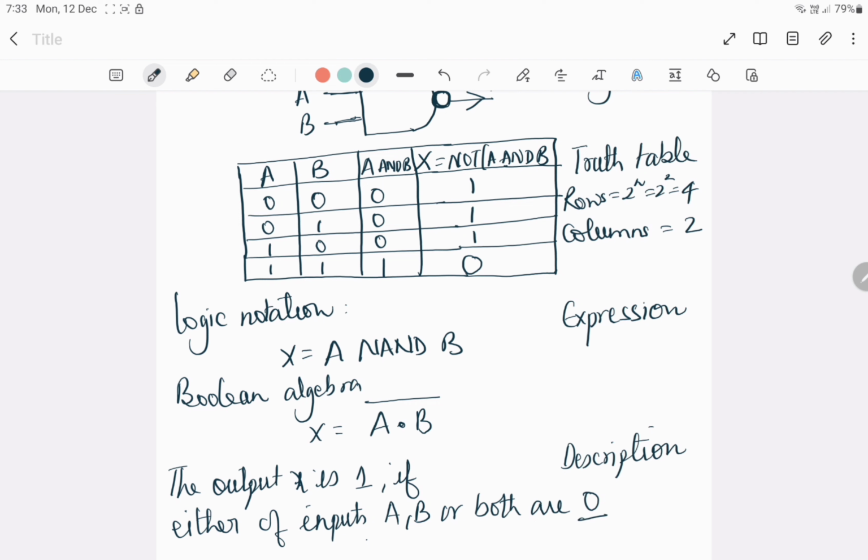It's exactly opposite of the AND gate. So we are interested in the zeros. Let's have a look at it again to confirm. If both are zeros, the output is 1. If one of the two is 0, the output is 1. If one of the two is 0, the output is 1. If both are 1, then it becomes 0.